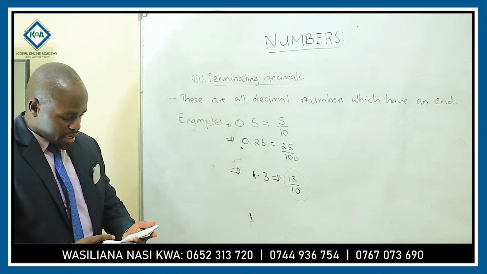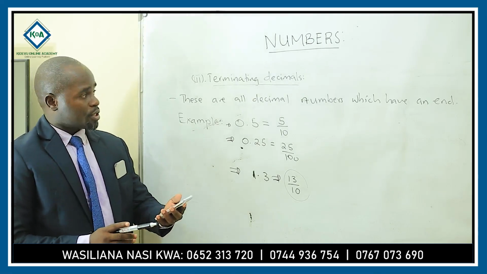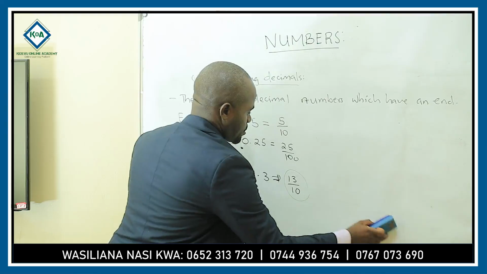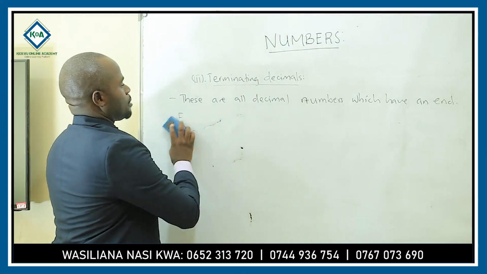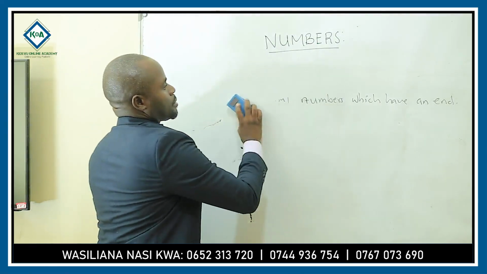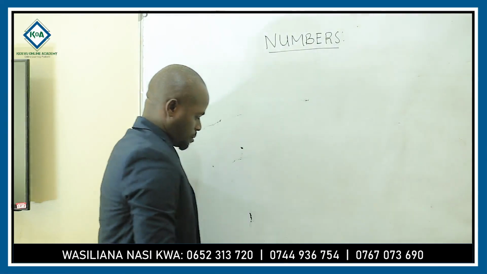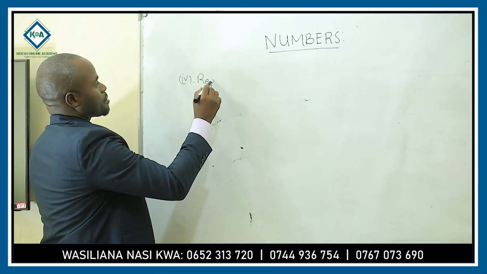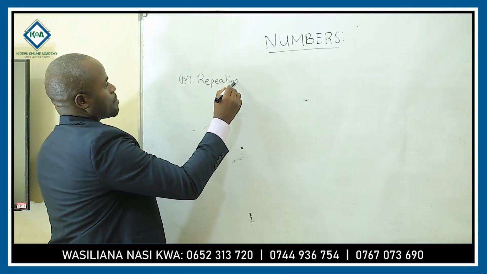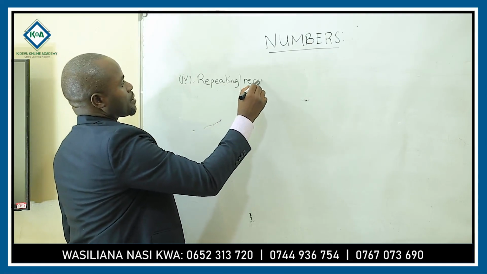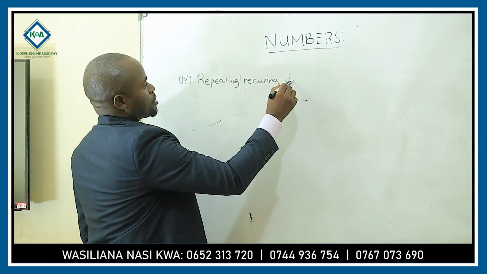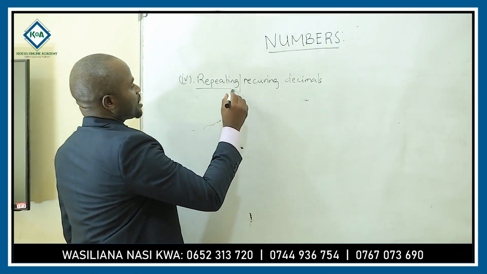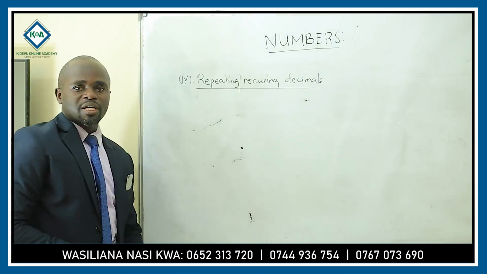Another type of rational number is repeating or recurring decimal. The fourth group is repeating or recurring decimals. What type of decimals are these?